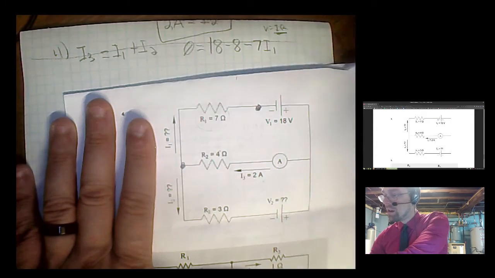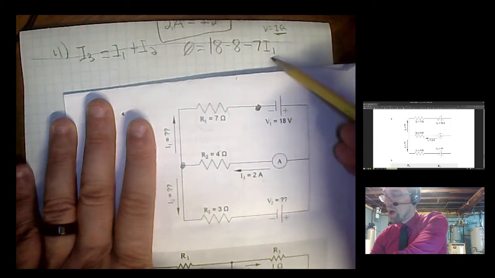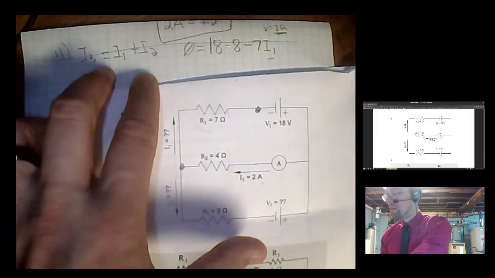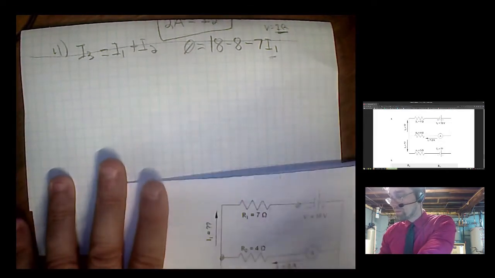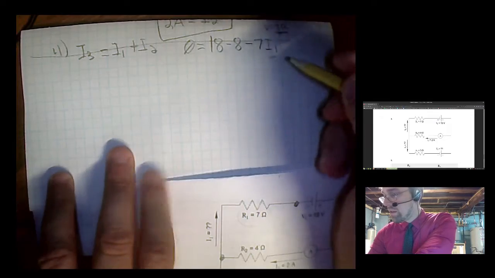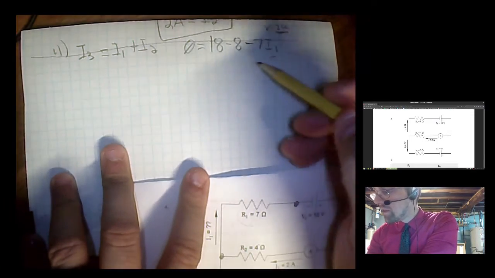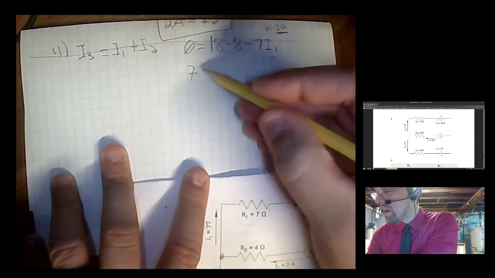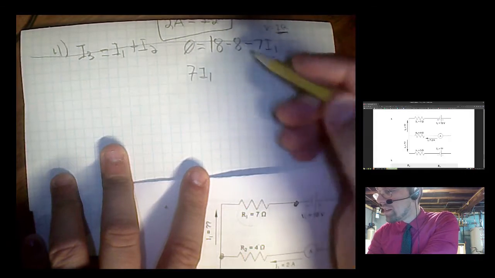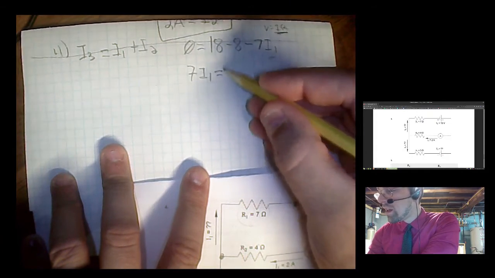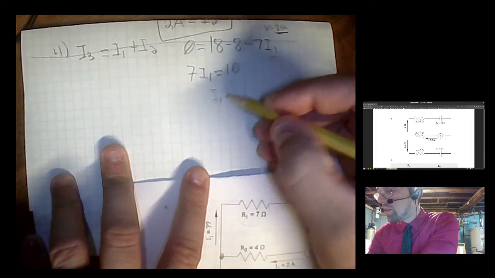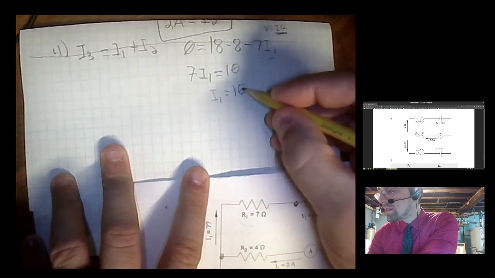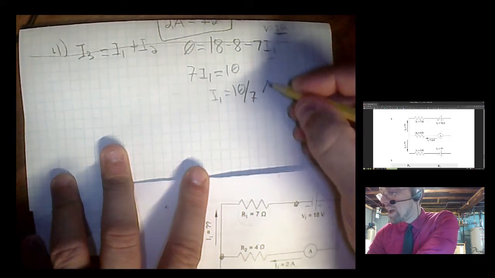So here we have one equation where I1 is the only unknown. We can already rearrange for I1. Let's add that over. So I get 7 I1. 18 minus 8 is 10. So I1 equals 10/7 of an amp.